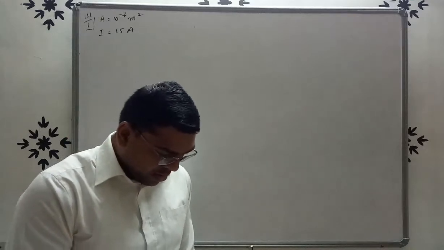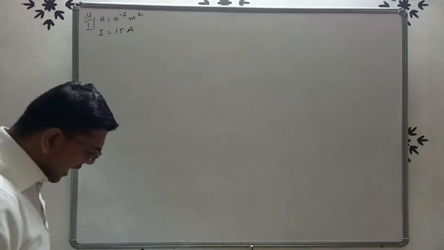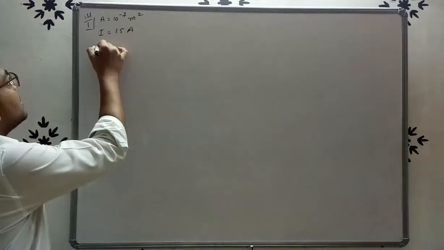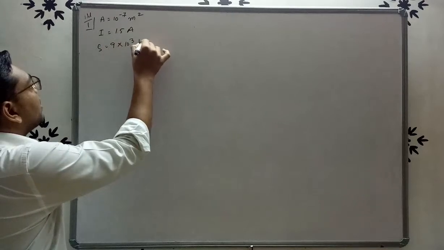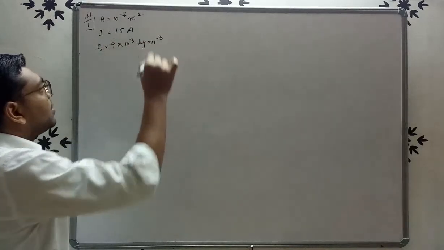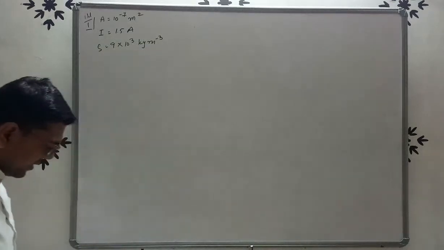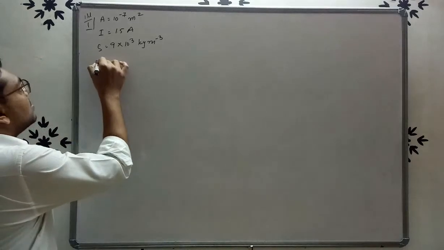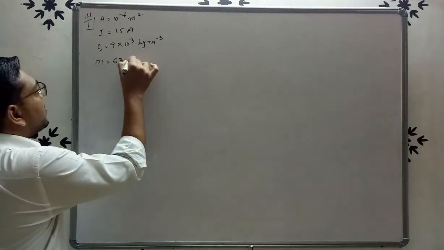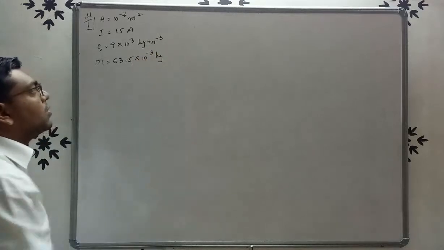The density of copper is given, that is rho, 9 × 10^3 kilogram per meter cube. And the atomic mass is given, m, 63.5 U, so 63.5 × 10^-3 kilogram.